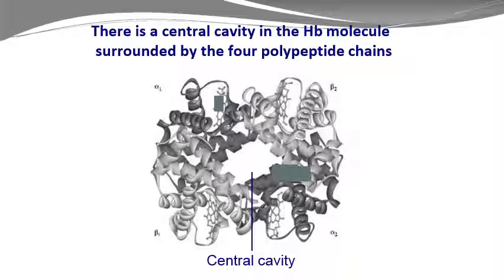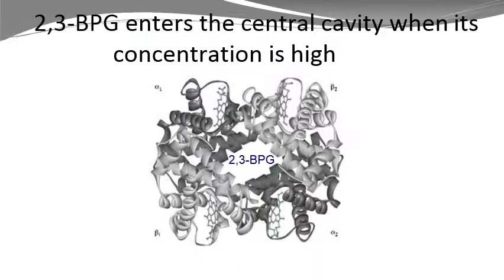Now, when we have a very high concentration of 2,3-BPG or biphosphoglycerate, what will happen? This 2,3-biphosphoglycerate will come and bind to the central cavity. Now, what happens if 2,3-BPG binds to the central cavity?